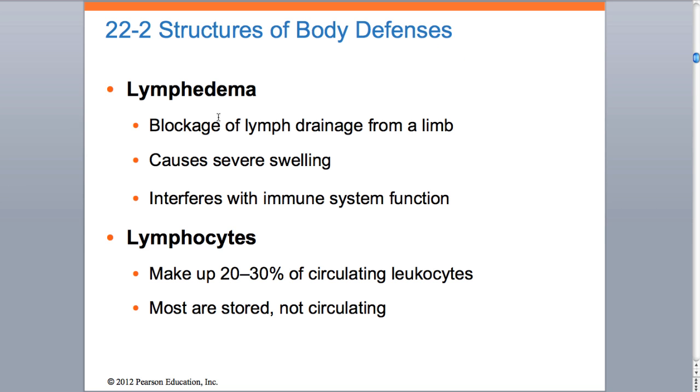Now we have the lymphedema story. If you, for some reason, plug up that 15% that we keep talking about draining into the lymphatic system, we're going to get severe edema. This often happens when you have a condition called elephantiasis. It's a parasitical infection where the worm goes in when you're walking barefoot in a pond.